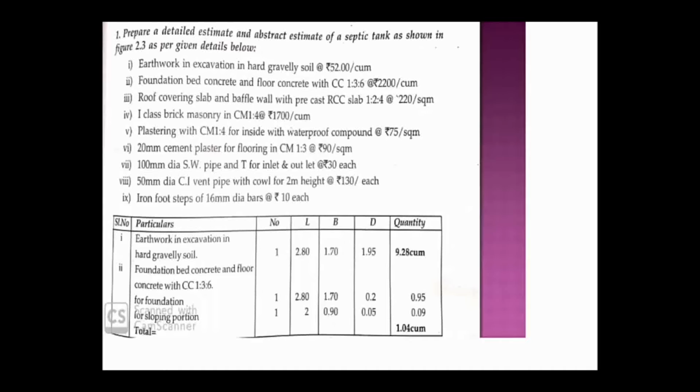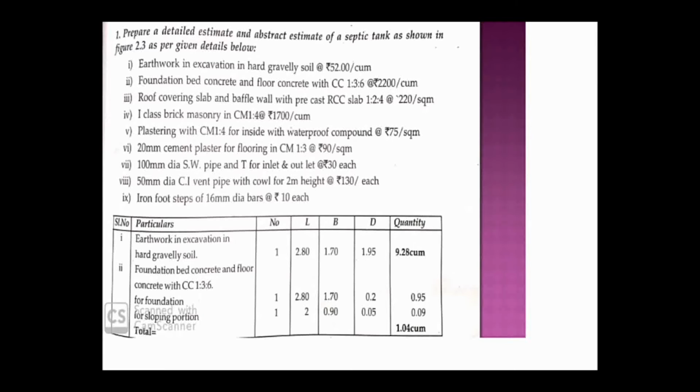And in the same way we have to do it for the sloping portion, inside to inside. If it is a sloping portion, how to take the depth? It is the average: 10 is one side of the slope and the other side is 0, then 10 plus 0 divided by 2 is 5 centimeter, that is your sloping depth. So what is the width and length?